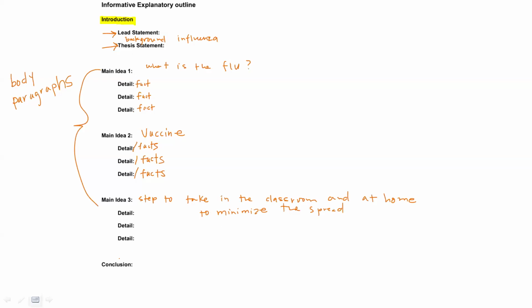So you're focusing on the spread of the flu. So you have your intro, your first main idea, second main idea, third main idea, and then your conclusion.